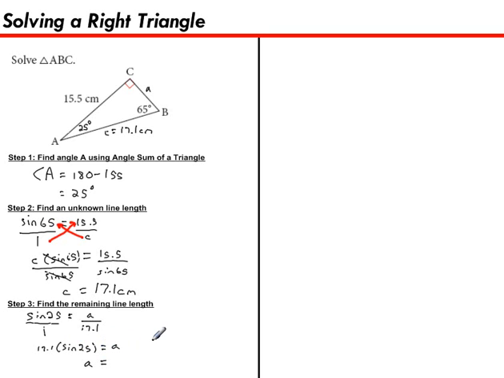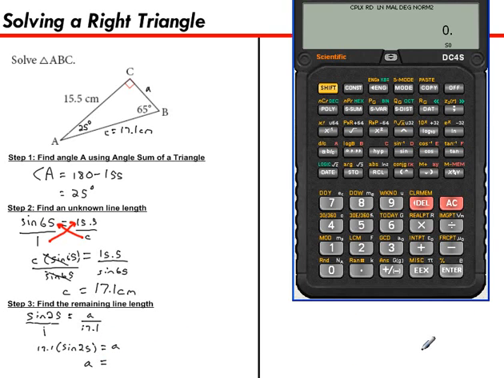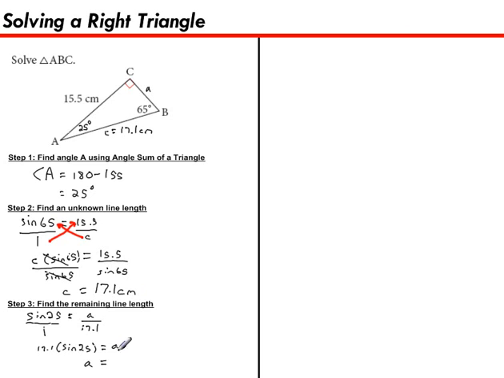This operation I can do on my calculator again. So let's bring that in. 17.1 times sine 25, 7.2 we'll say. 7.2 centimeters. And if I add that to the diagram, it's all complete. I've finished my puzzle. I have solved triangle ABC.